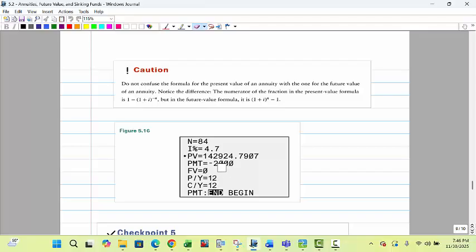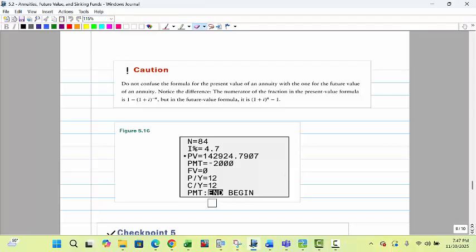And we want $2,000 a month at 4.7% interest. How much would we have to have on hand right now? What kind of deposit would we have to make to guarantee that payment?